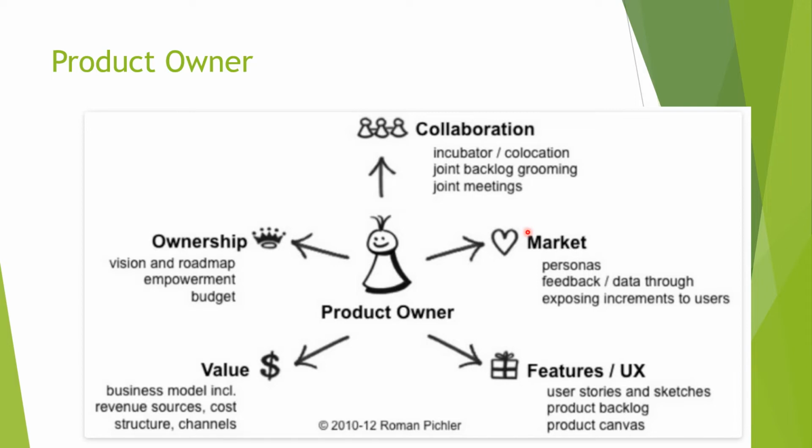The fourth area is that the person should be comfortable with market expectations. You should be able to build personas and data, and expose increments to the users. He should understand the pulse of the market and its different personas. The final one is that the person should be able to explain the features and UX. This we already discussed.